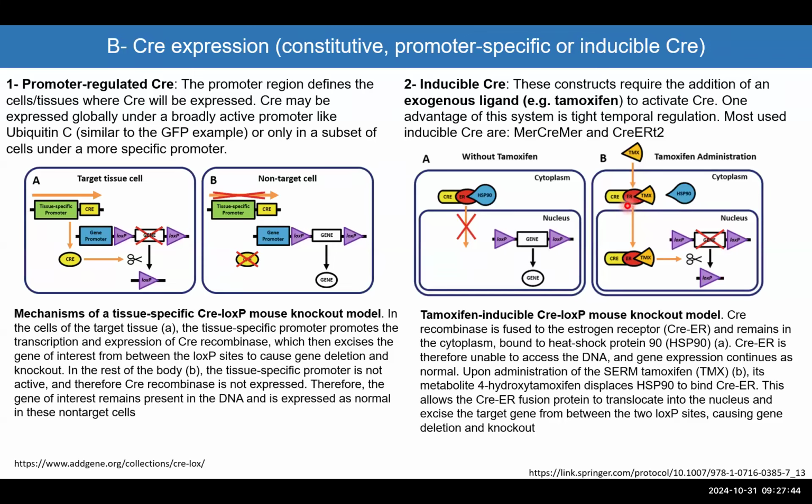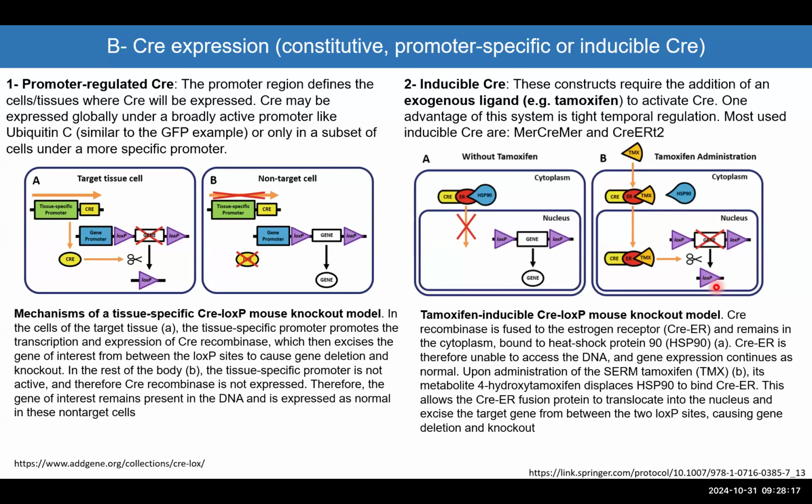It will be fused with a modified estrogen receptor, which is a mutated form of the estrogen receptor. And whenever you are generating the CRE, it will be retained in the cytoplasm in the absence of the exogenous ligand. In this situation, that's tamoxifen. Only in conditions when you add the tamoxifen can it go to the nucleus and perform the cutting.